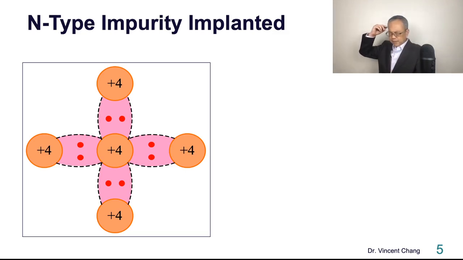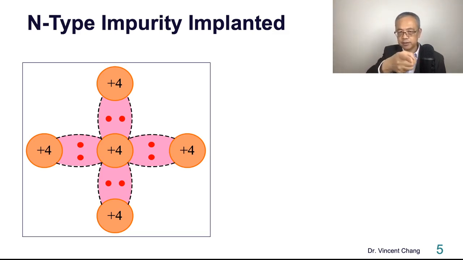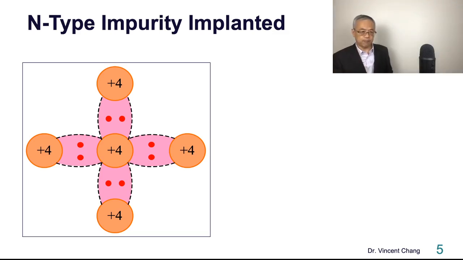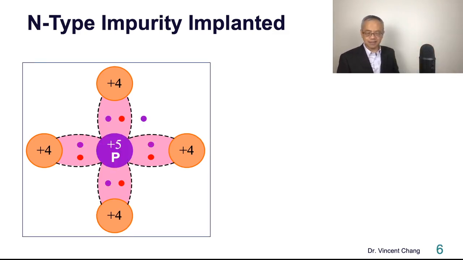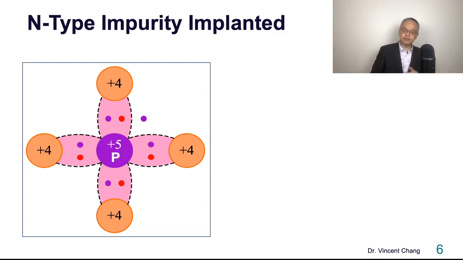Let's imagine that through a machine, the manufacturing process, the impurity dopant gets implanted into the intrinsic silicon. And then what happens? Usually the impurity atom will take the original spot of one silicon atom. It's a kind of substitution.